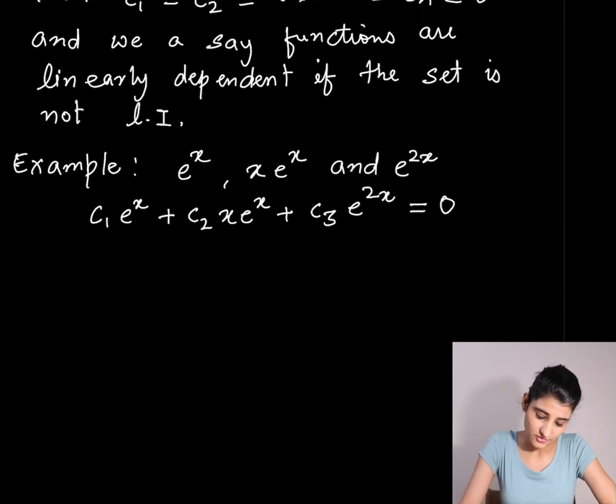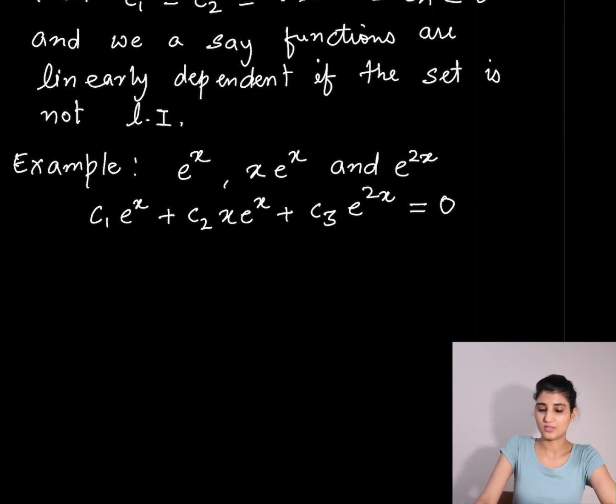If somehow we can prove that c1, c2 and c3 are equal to 0, then these functions are linearly independent. If we can prove at least one of them is non-zero, then the set is linearly dependent. Okay, let's try to check the values of c1, c2 and c3.